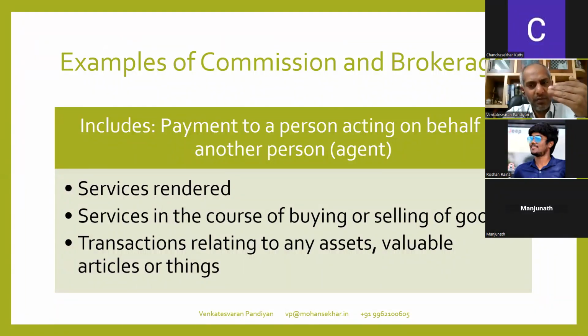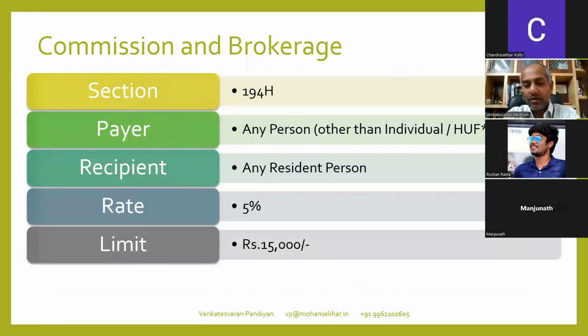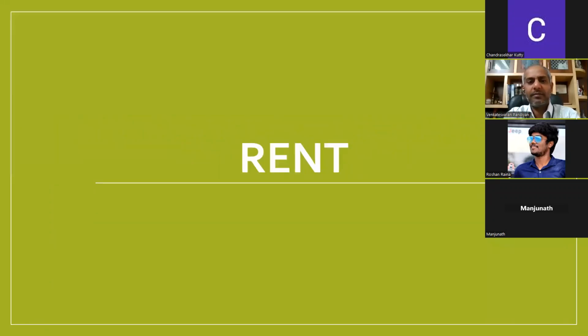Suppose the agent provides any services, and those services can be in relation to supply and purchase of goods, or in relation to any other assets, maybe selling or buying of immovable property, selling and buying of some valuable goods, or any article. So any services that he provides for which a commission or a brokerage is paid, the provisions of TDS under this section will be applicable. And we have spoken of the rate. It's 5% on any payment exceeding 15,000 rupees.